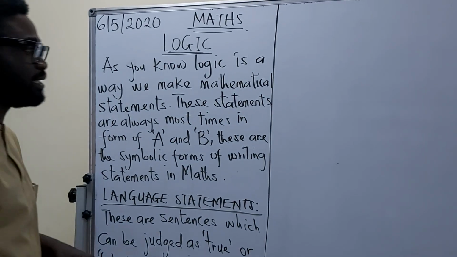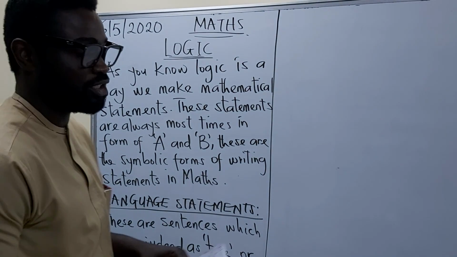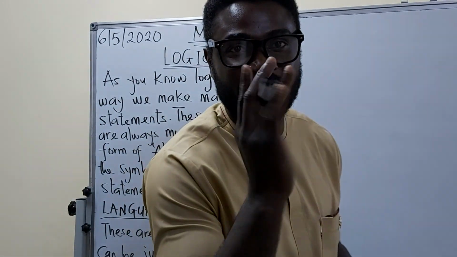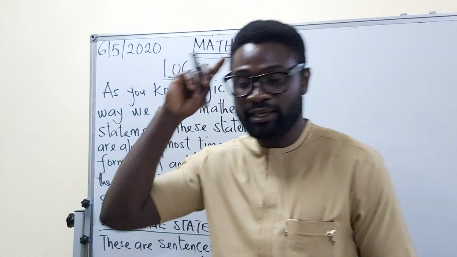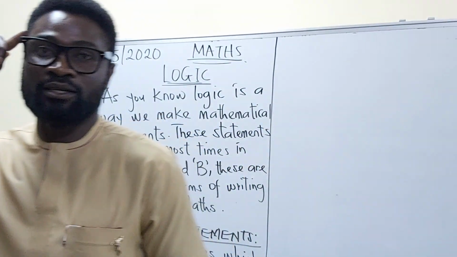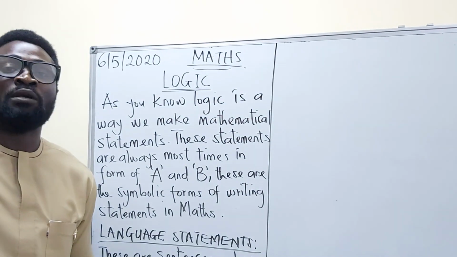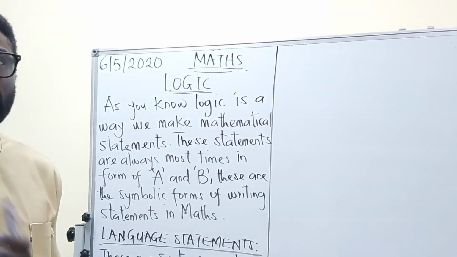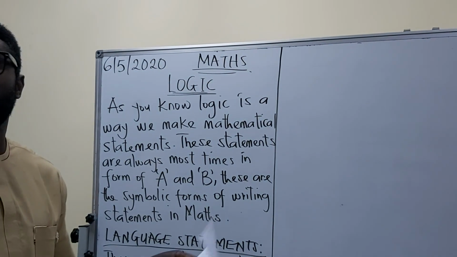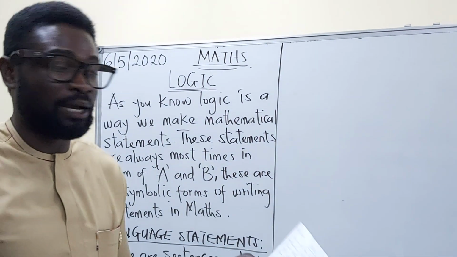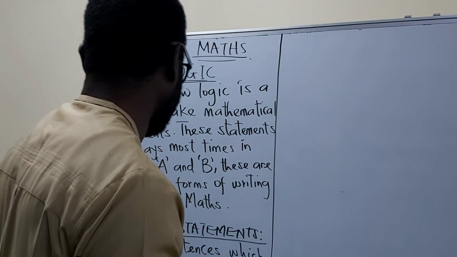Don't forget, the topic is logic. So it's something logical. It's something that you have to think. It's something you have to be mindful of. It's something that when you hear, you'll be able to judge if it is either true or false.